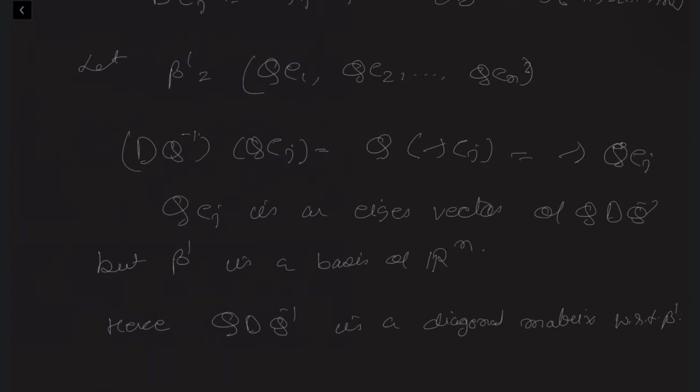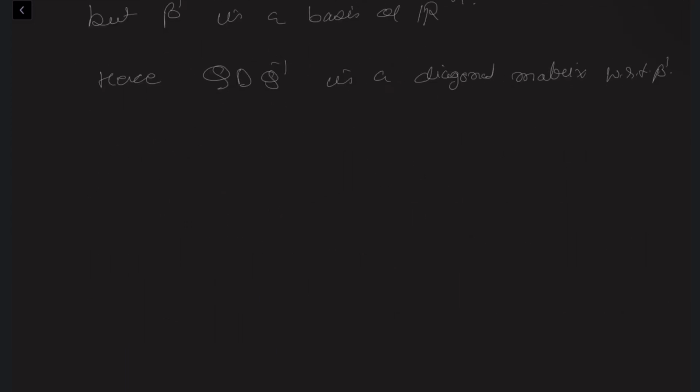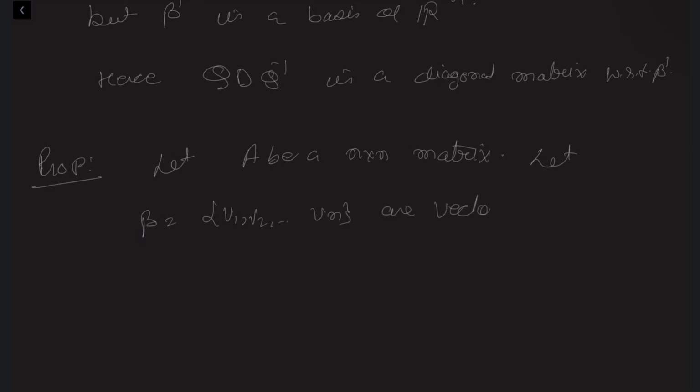So for this, I will write a proposition which I am not going to prove here: let A be an n by n matrix, and let beta, v1, v2, up to vn, be vectors in Rn such that A of Vj equals lambda j Vj, and beta is a basis.